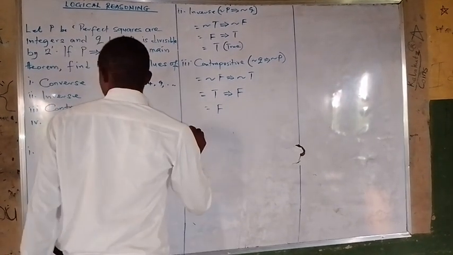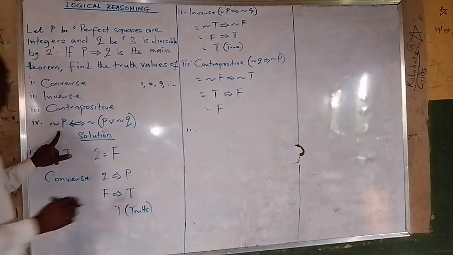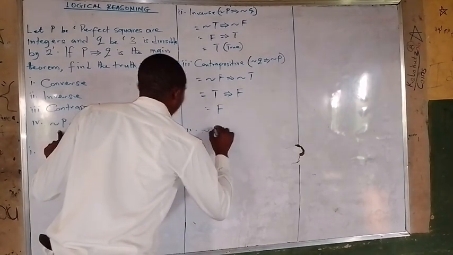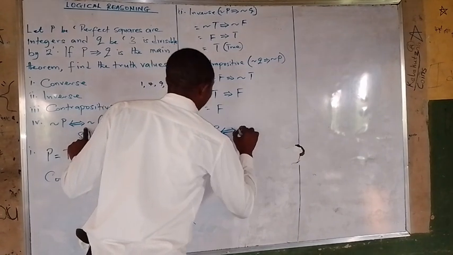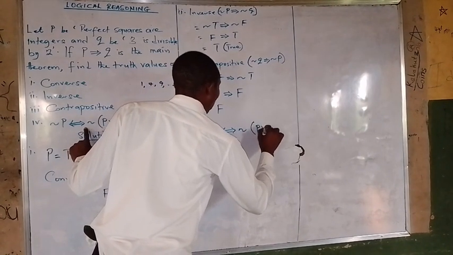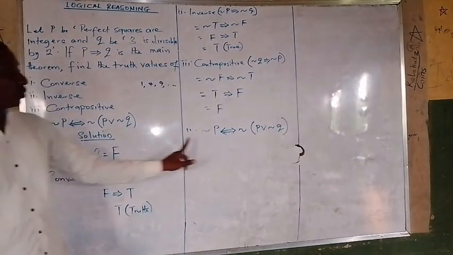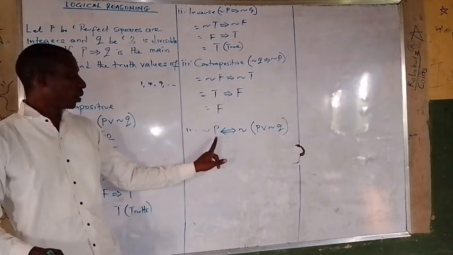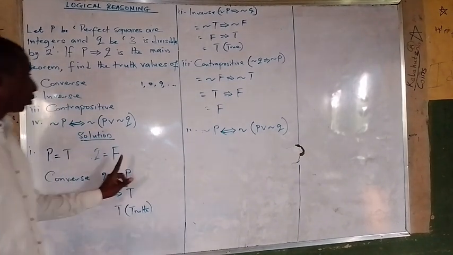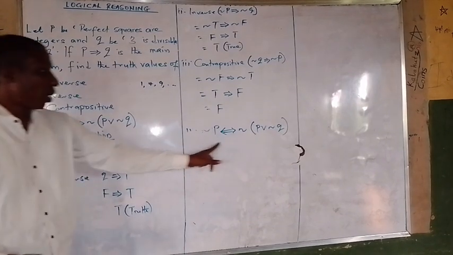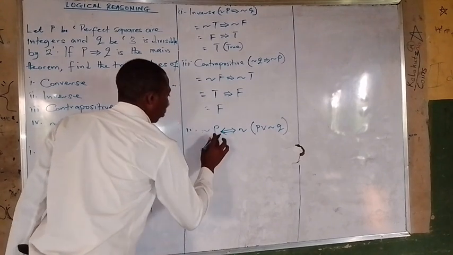Okay, so now let's take the last proposition. We have negation of P biconditional negation of Q. Alright, so we just substitute the truth values of P and Q into this proposition. Negation of P is what?